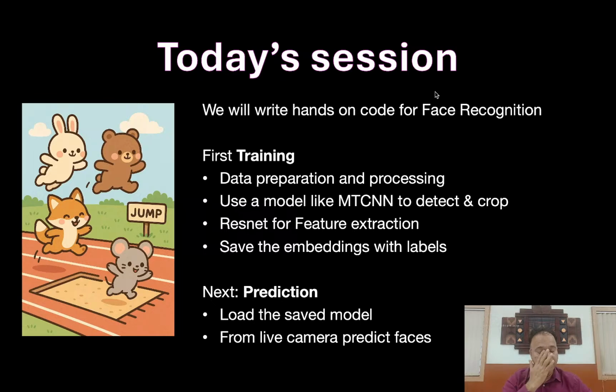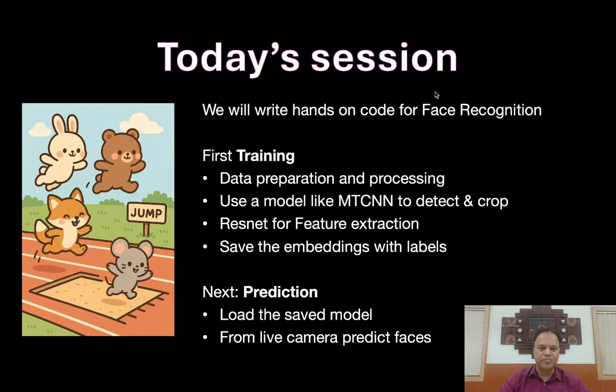Later on, prediction is where, when they come in front of the camera or when I upload their photo, it should recognize them. So both are two separate activities. You can either write everything in one single file, or you can do two separate files, one for training and one for prediction. That's what I recommend, so that every time you run it, it does not try training again and again, right? So let's look at the steps.